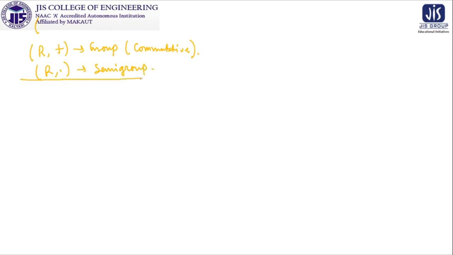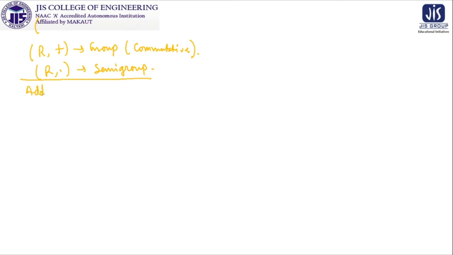Ultimately we have R plus is a group, rather we can say it as a commutative group, and we get R dot is a semigroup. Now please follow the sequential cases.